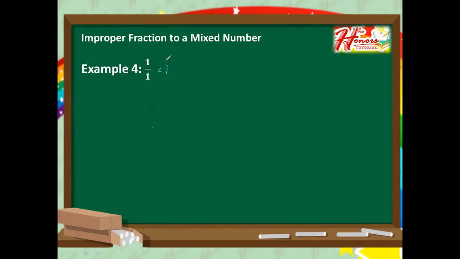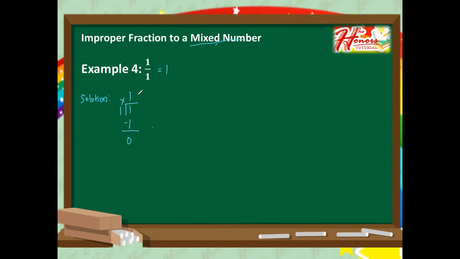Though it is an improper fraction really, since our topic is about mixed numbers, I will show you why it is 1 only. Let's have the solution here. So that is 1 divided by 1, and that is 1. 1 times 1, that's 1. 1 minus 1 is 0.